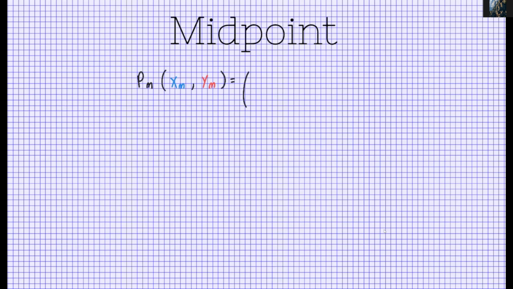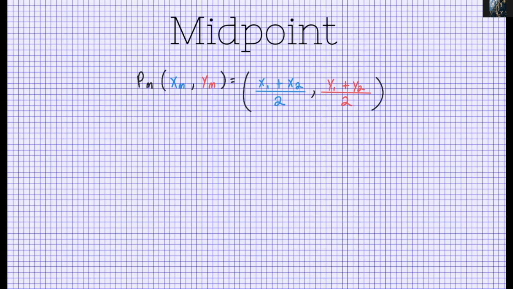Now, the x coordinate will come from the addition of the x coordinates of both points, x1 and x2, and then we will divide them by 2. And we will do exactly the same thing for the y coordinate. There we go. So this will be like our formula.